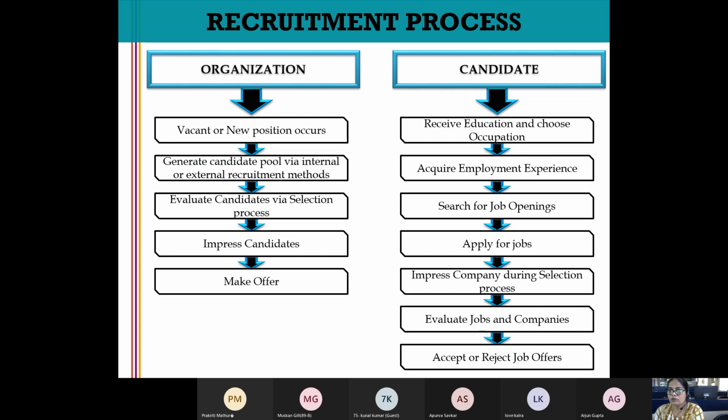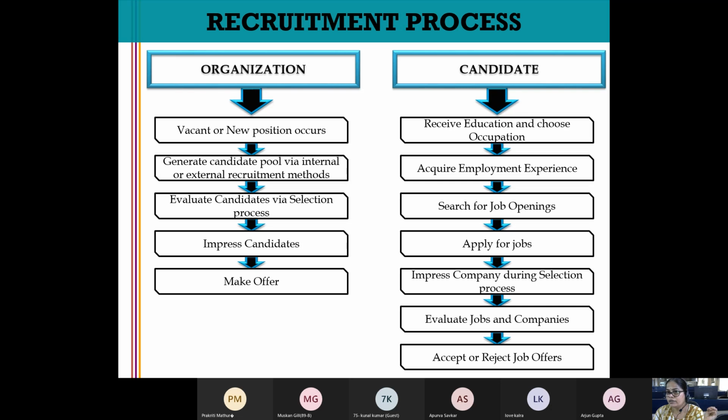So in the recruitment process for the organization, we find the new position occurring in the organization, create the general pool either by internal or external recruitment method, either advertising or in-house job posting, which you very well know. Then we evaluate the candidates for selection purposes, impress the candidate and make them an offer for the job.